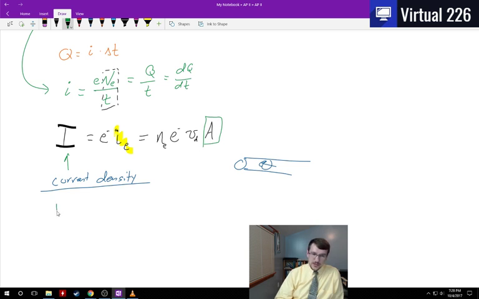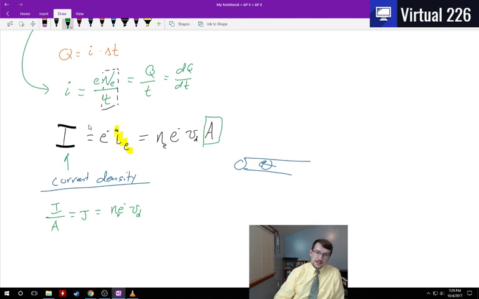So we can say that the current divided by area is a current density, and this current density would just be equal to N e times the drift velocity. Okay? This is a current density.